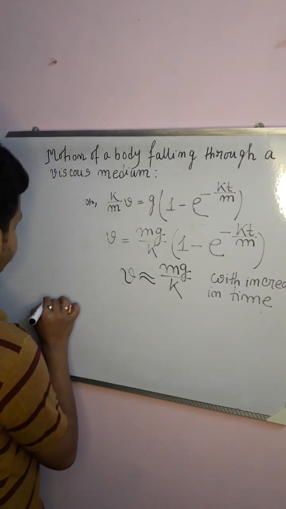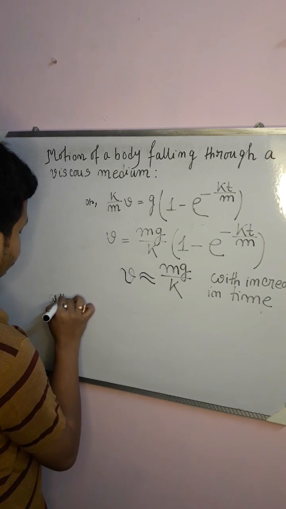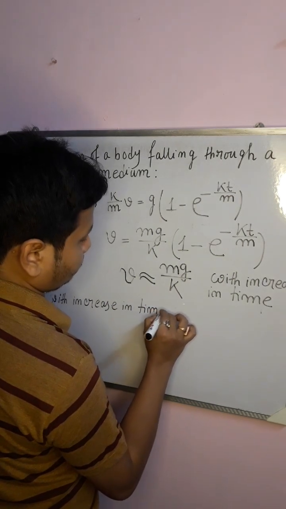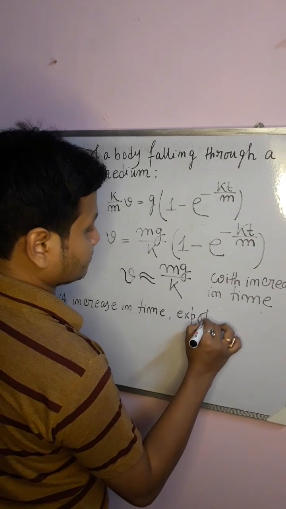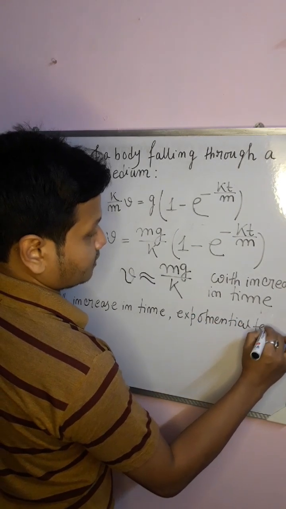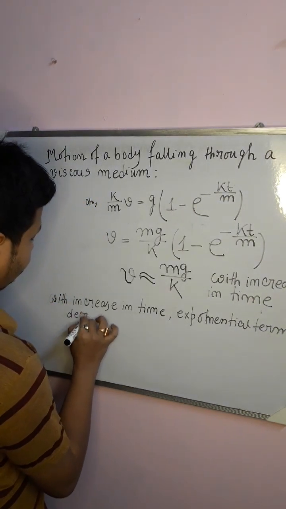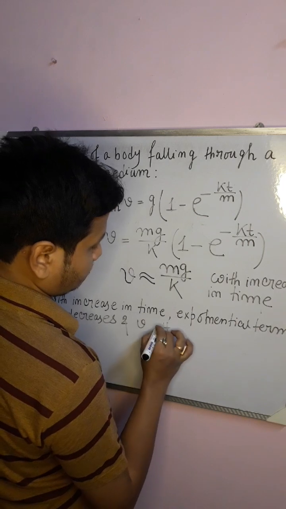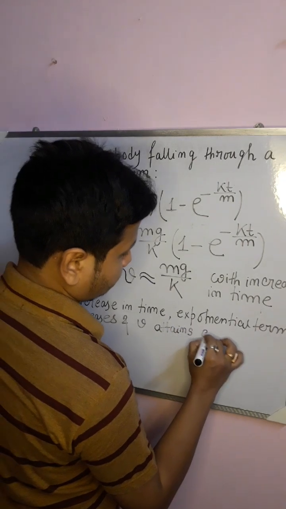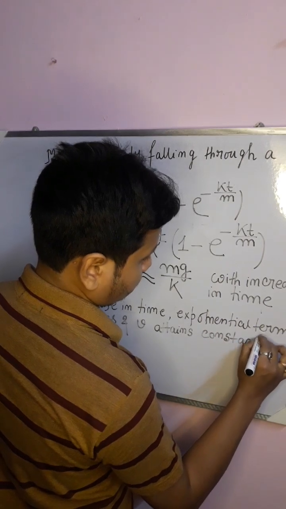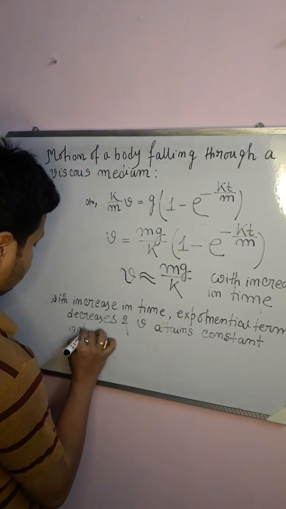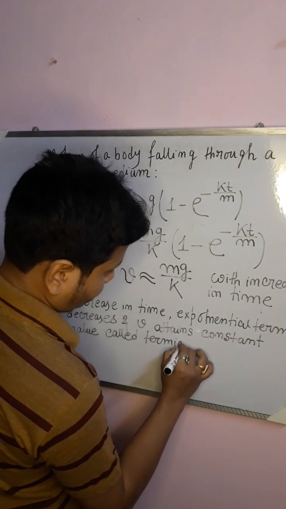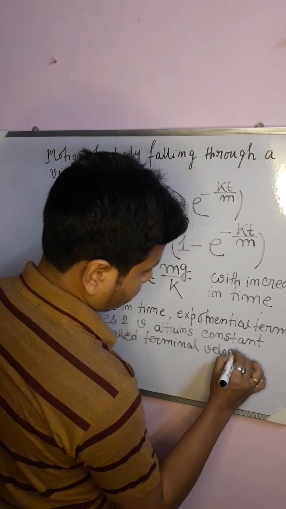So with increase in time, the exponential term decreases and v attains a constant value called terminal velocity.